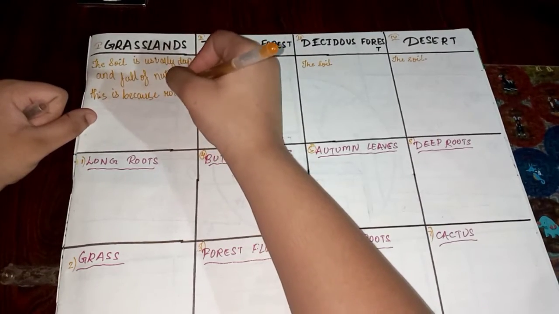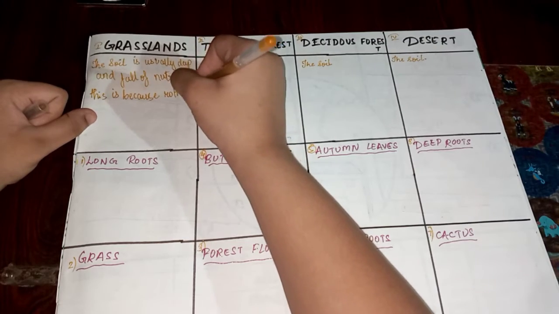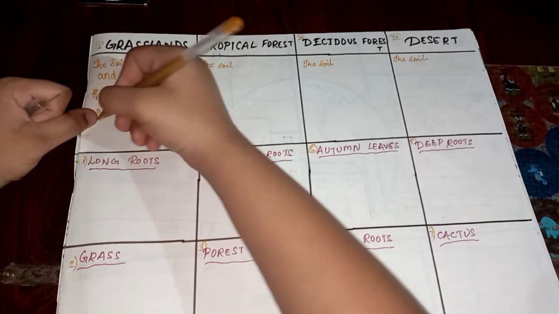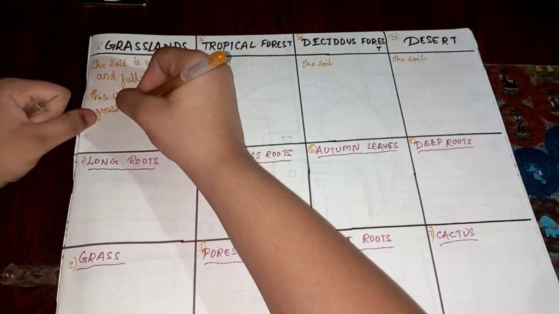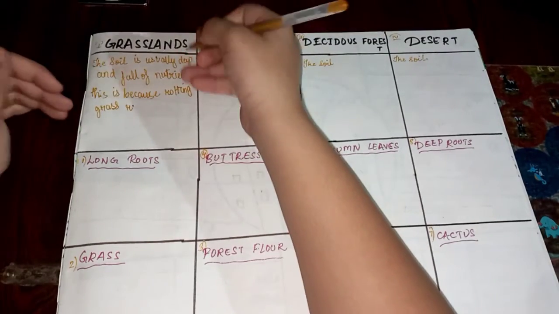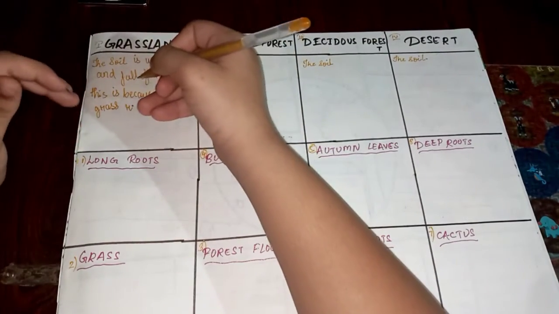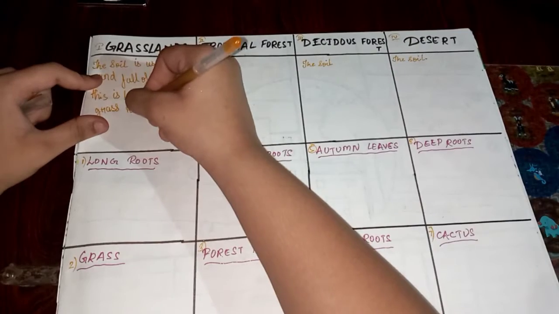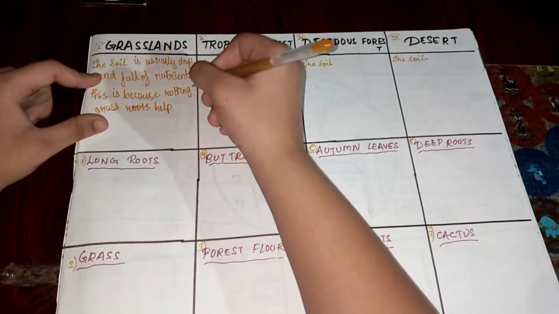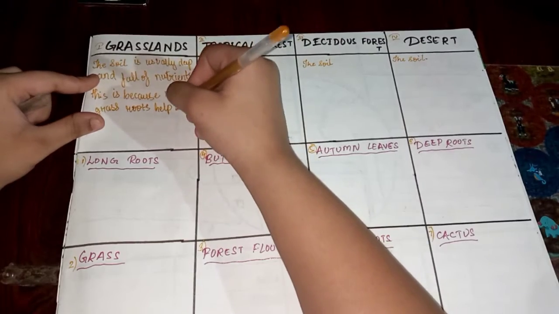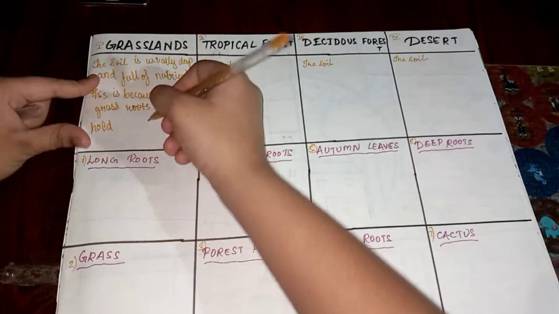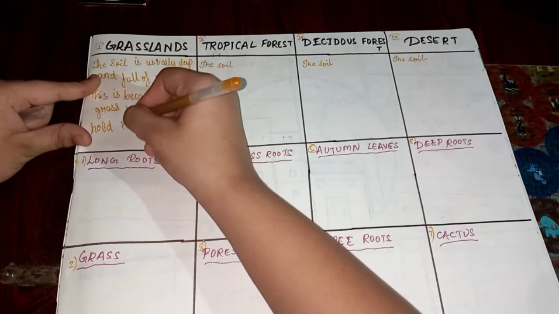This is because the rooting grass roots help to hold the soil together.